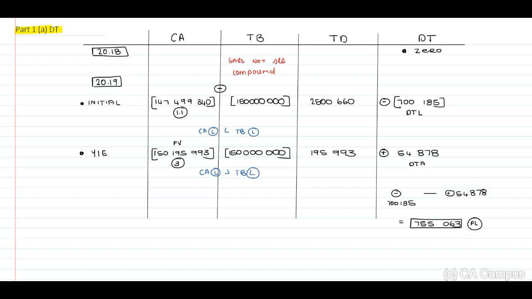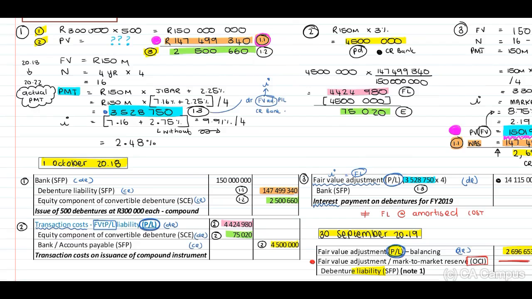Therefore, guys, before you recognize this, just quickly look at this on initial recognition. This temporary difference, 2,500,660, do you agree with me that this relates to the equity portion? Okay, this relates to our equity portion. Therefore, when you refer to our journal entry number 1 on the left side of your screen, we credited the equity component with a 2,500,660.